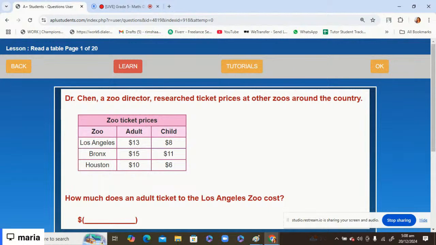How much does an adult ticket to the Los Angeles Zoo cost? We are interested in the Los Angeles Zoo and only the adults. When we see that, what is the answer?